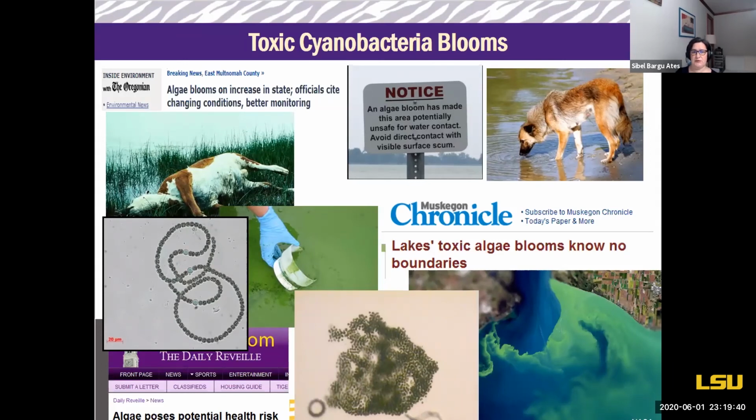In many cases, we know about them either from articles in the newspapers or a sign at the beach warning people to not have direct contact with water, or sometimes we see domestic animal deaths on the shores. And unfortunately, these are the ways that we get exposed, but they are everywhere.